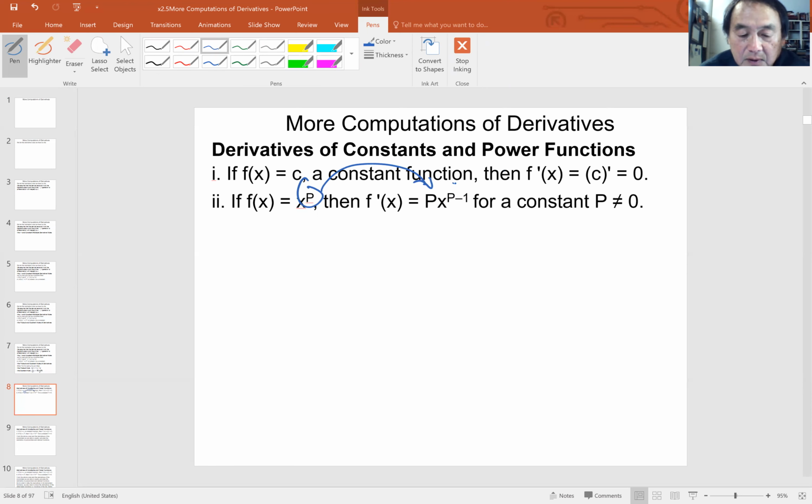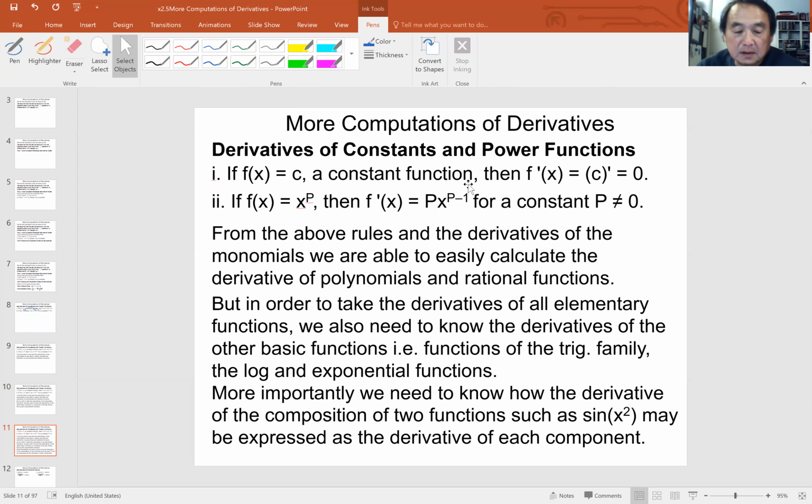Assume p is not 0, of course. From the rules we just went through, this allows us to take the derivative of all the algebraic functions, that is, rational functions, radical roots and so on.